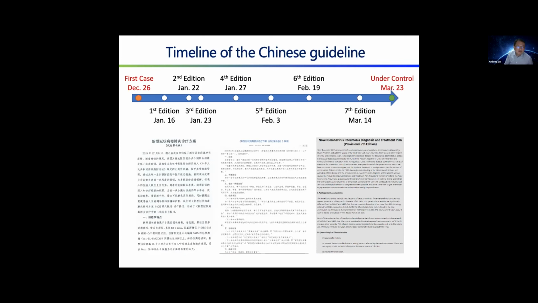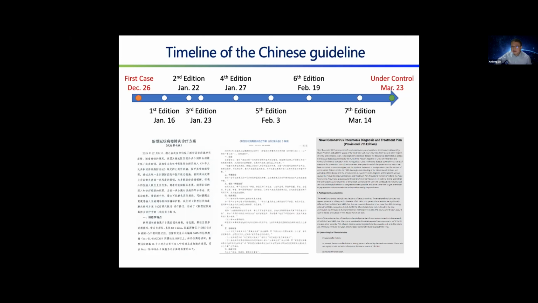The first edition of the guideline of diagnosis and therapy was published very early in January, and because it was a very urgent situation, at the very beginning there was very little knowledge about this disease. With time going on and knowledge accumulating, the guideline has been upgraded very quickly.